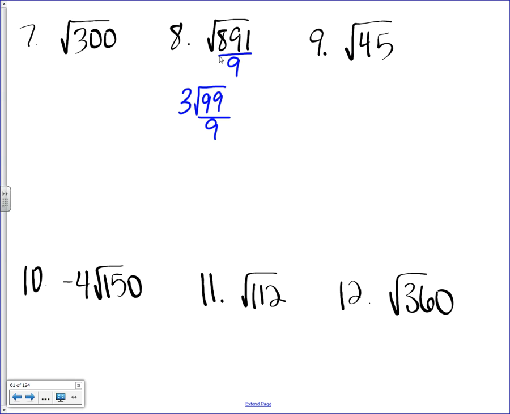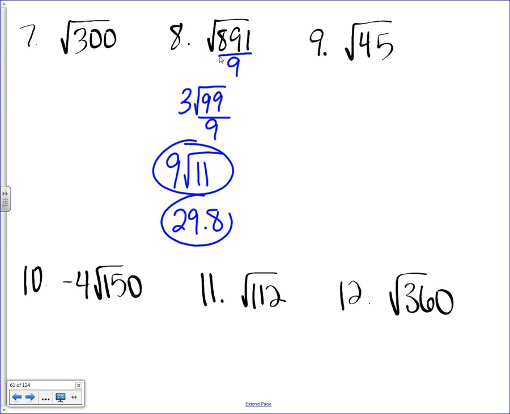So 3 times 3 is 9. What's left underneath? An 11. So Andrew said 81, didn't he? Yeah, if you just divide it by 81, what does 81 come out as? A 9. Okay, so he did one big step, whereas we did 2 little steps. Does it matter? No, it doesn't. What's the approximation here? 29.8.